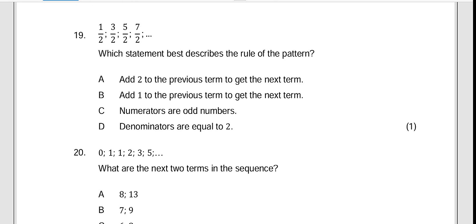Let's just check our pattern first. We know that our denominator is the same, so let us not worry about it. Now let's focus on the numerator. From here to here it is 2. From here to here it is 2. From here to here it is 2.